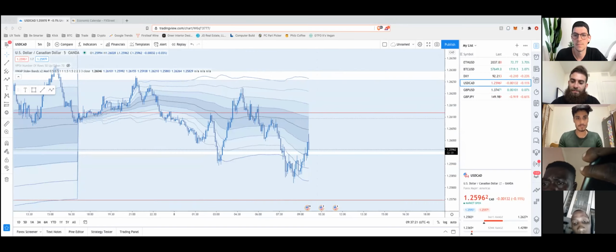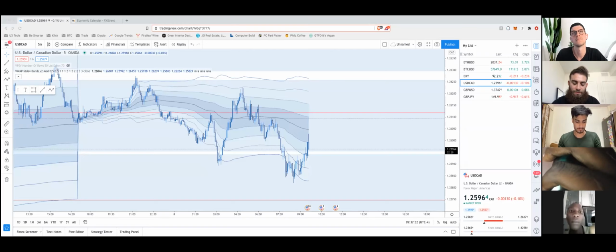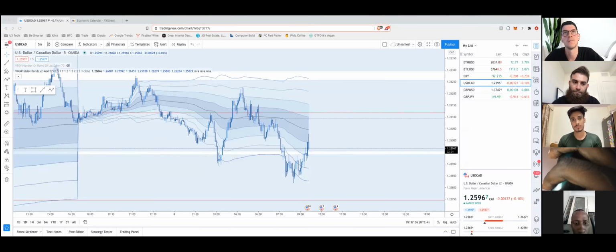What do you normally wait for, though? I'll just put on risk, but what do you normally wait for? Like a double kind of rejection of the zone? Honestly, usually just the first bearish momentum candle on the 5-minute.